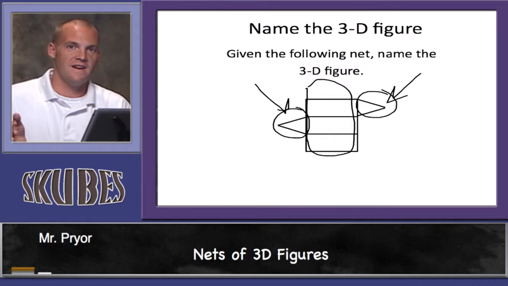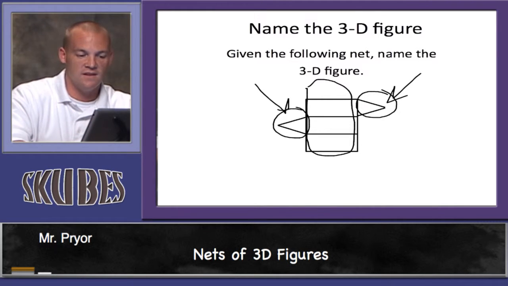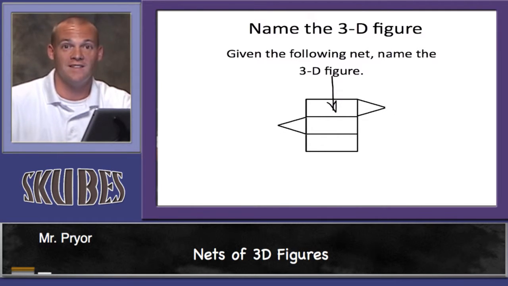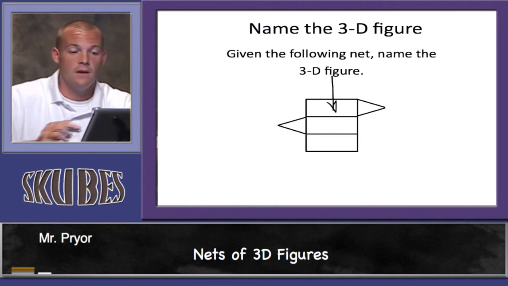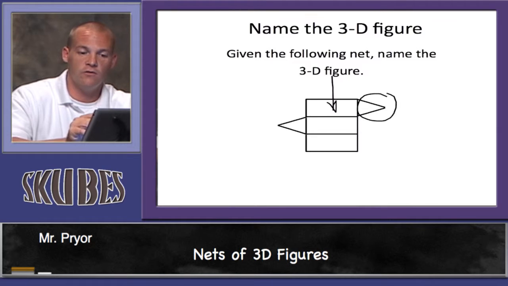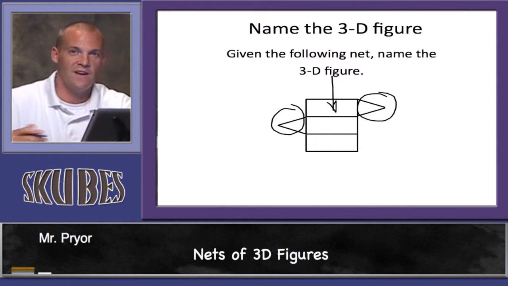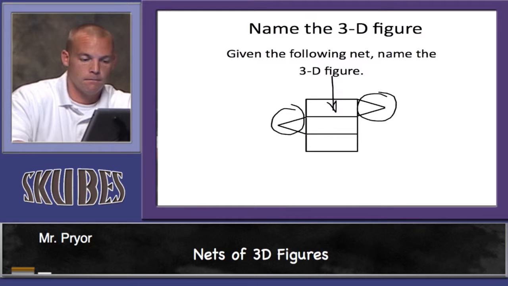The bases are where the names of these figures come from, not the actual pieces in the middle. I do realize that there are rectangles that are a part of this, but that is actually what makes it a prism. If those were a different shape, we would call it something different. So because it's two triangular bases connected by these rectangular faces, you have what we call a triangular prism.